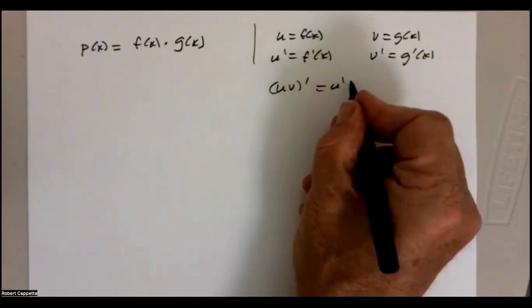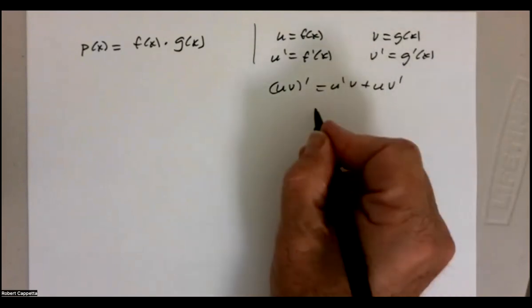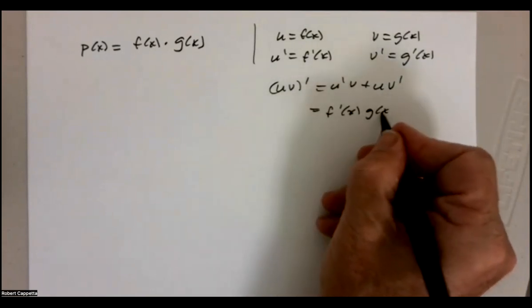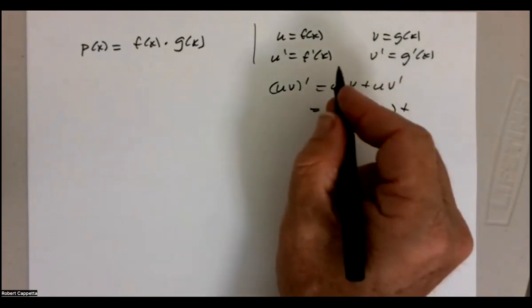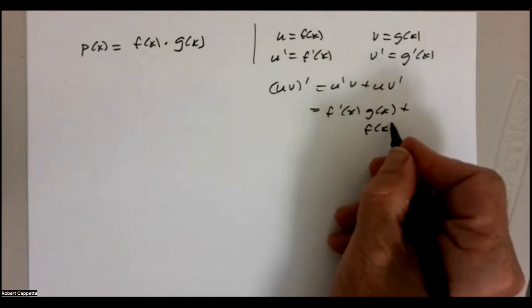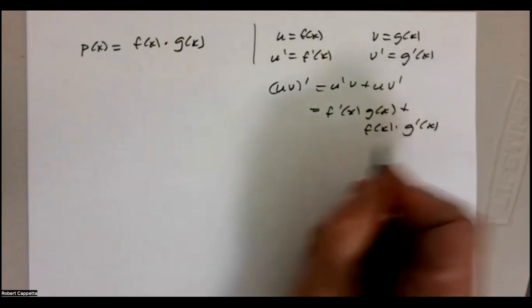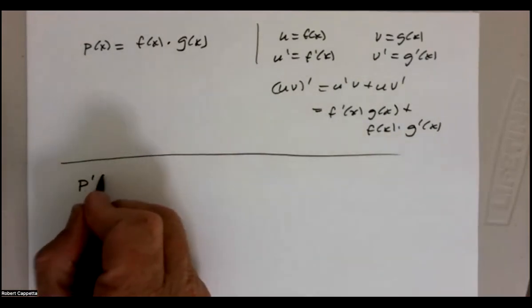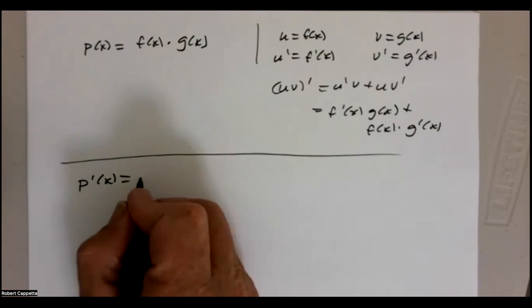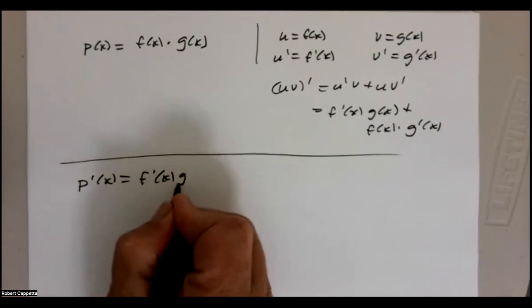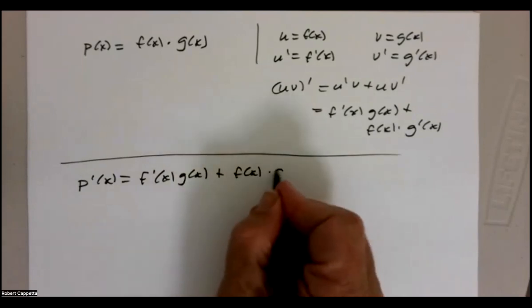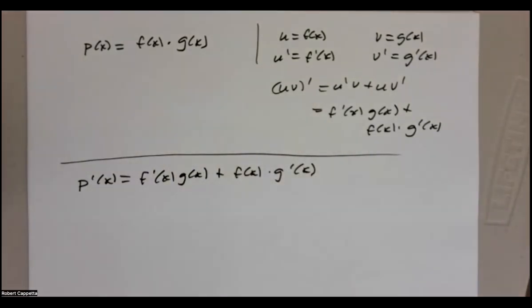UV prime is U prime V plus U V prime. F prime of X, G of X, plus F of X, G prime of X. So that's my P prime of X. P prime of X is F prime of X, G of X, plus F of X, G prime of X. Now, what did the question ask me for?